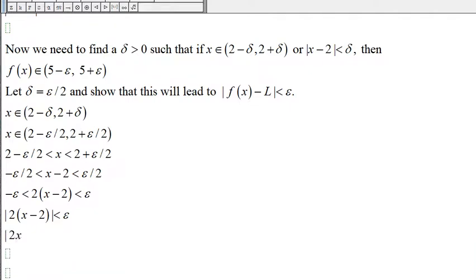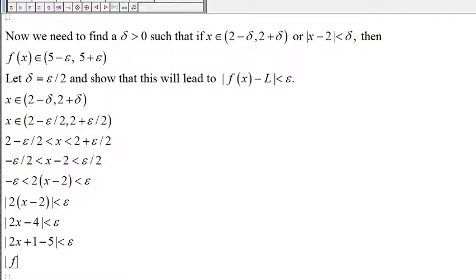And this is 2x minus 4 is less than epsilon. This is the same as 2x plus 1 minus 5 is less than epsilon.